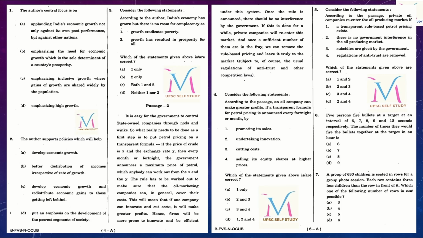And coming to question number 6. Question number 6 is an ability question. 5 persons fire bullets at the target at an interval of 6, 7, 8, 9 and 12 seconds. I have given the explanation part also.